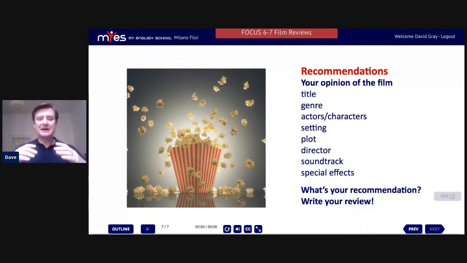But when we talk about the plot in general, we can use the present simple, because the story doesn't have a past or a future. It's in the present. It's like a photograph. It's a present moment.